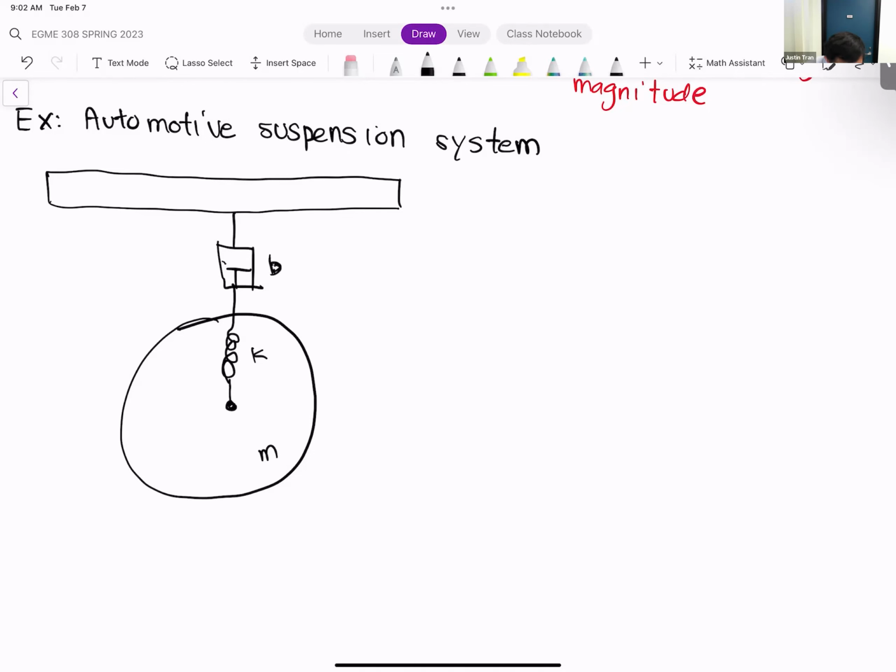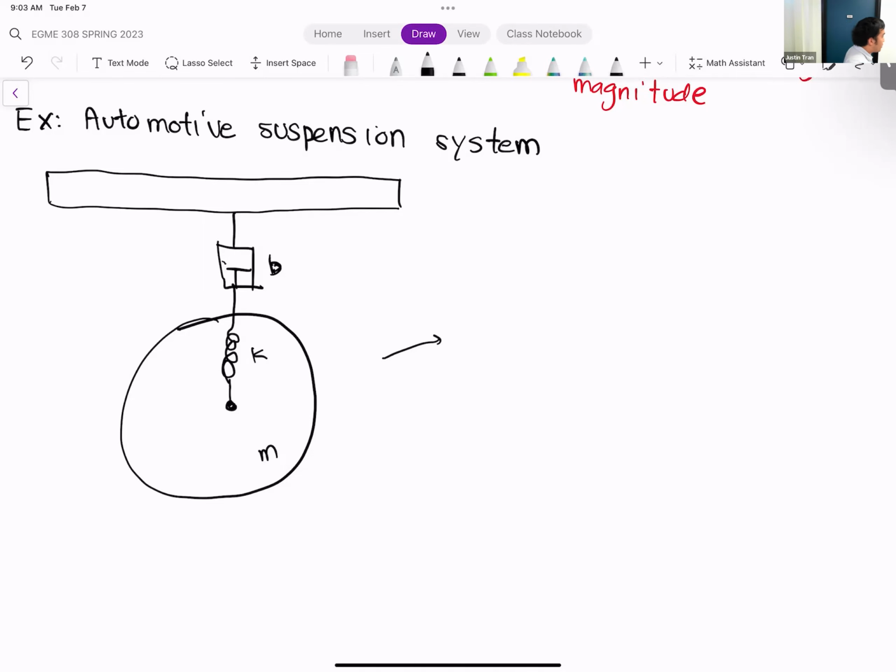The mass in this case is the mass of the wheel. The spring is usually part of the suspension system, so we'll give that the spring constant k. And then there's a lot of damping in the system as well, introduced by the suspension system, which we'll model with a damping constant b.